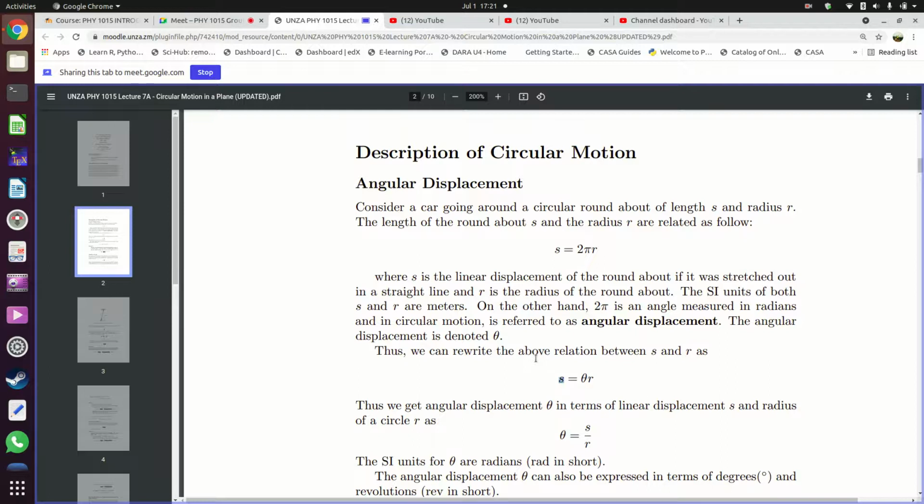When we replace this 2 pi, which is the angular displacement, with theta, we end up with the relationship S is equal to theta multiplied by r. Theta is the angle through which an object moves, r is the radius of the circular track, and S is the actual distance in meters that the object has moved.